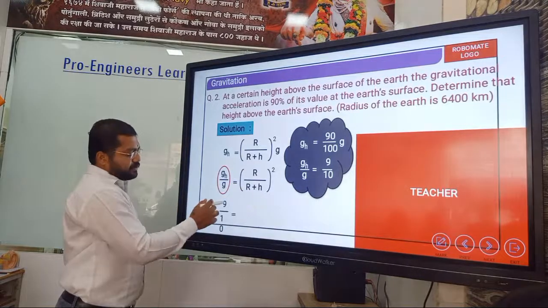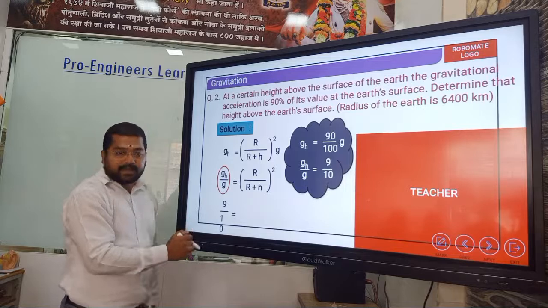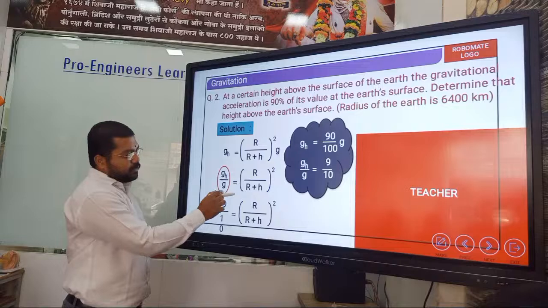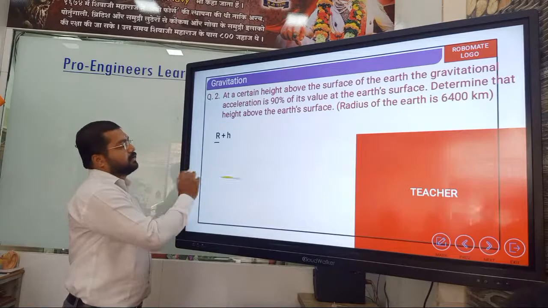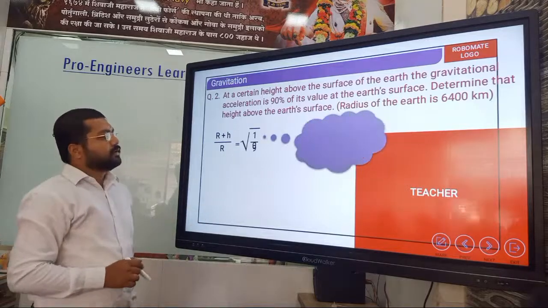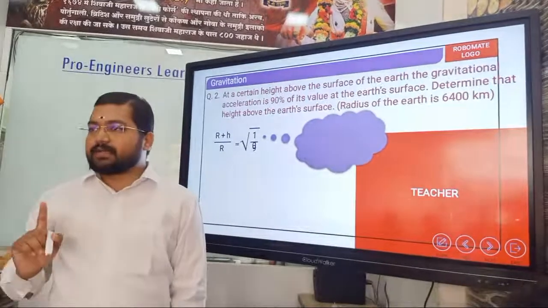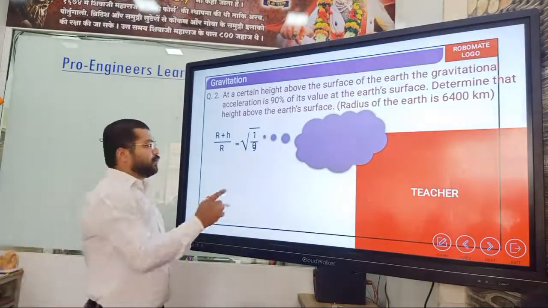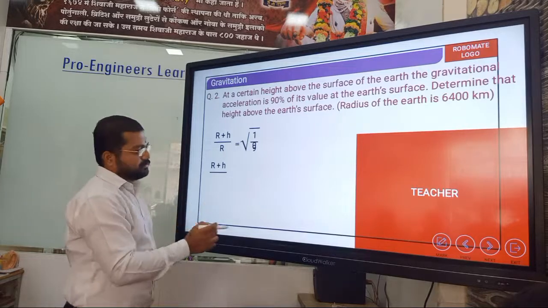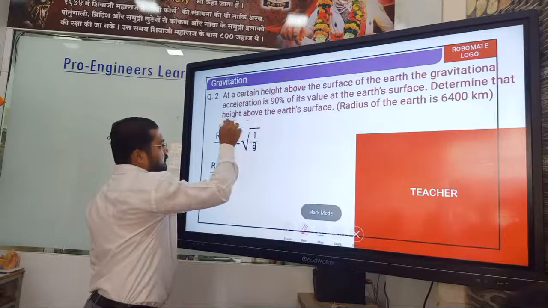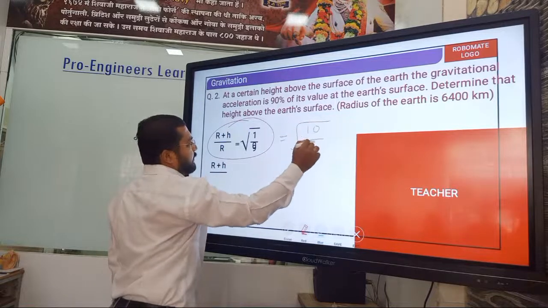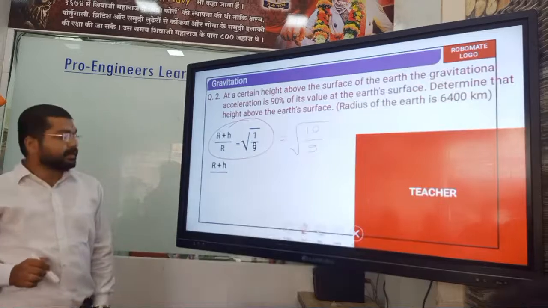So putting those values, 9 upon 10, the 0 is just displaced from the original location. So R plus h upon R became under root of 10 by 9, under root because we have taken square root on both the sides.